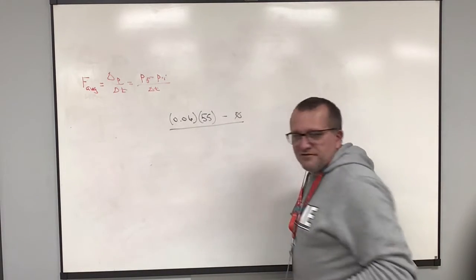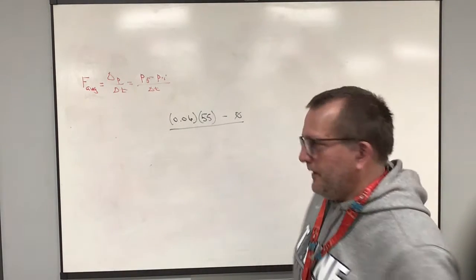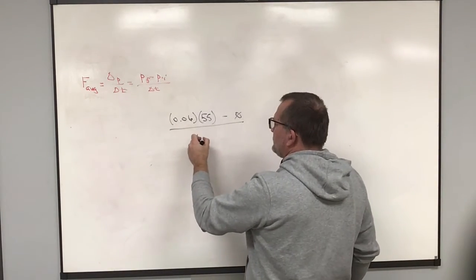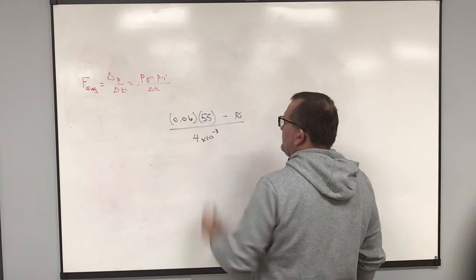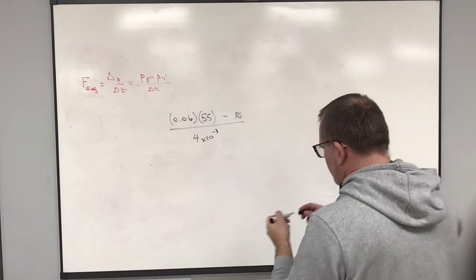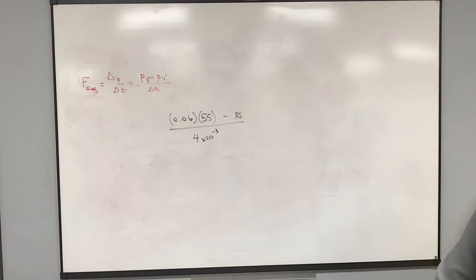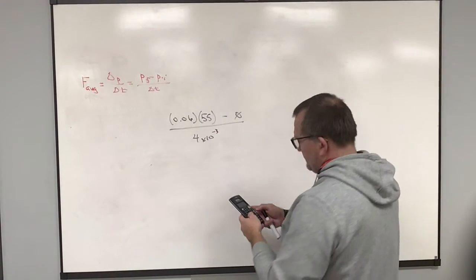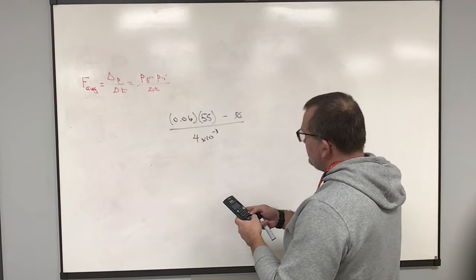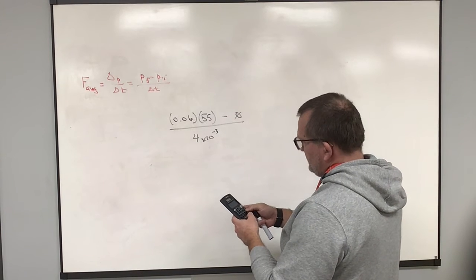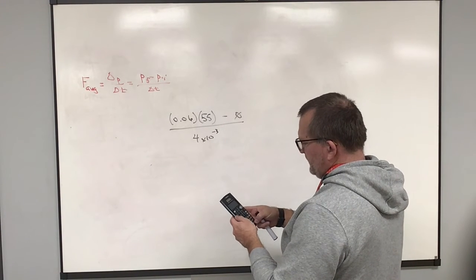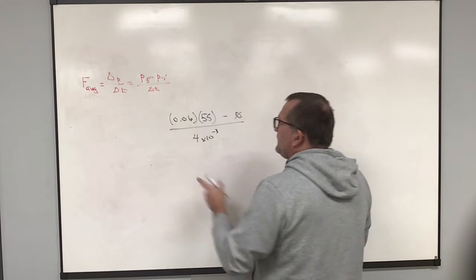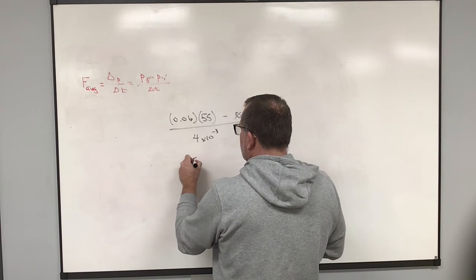And then my change in time, it says 4 milliseconds, so I've got to convert that to seconds. So it's 4 times 10 to the negative 3 seconds. Let's move the decimal 3 to the left. And now I can find my average force: 0.06 times 55 divided by 4 times 10 to the negative third.